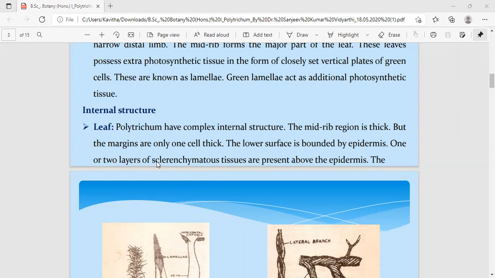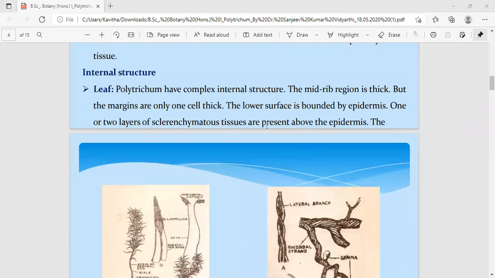But here this is an advanced bryophyte with some complex structure having the rhizome, rhizoids and the leaf-like structures.